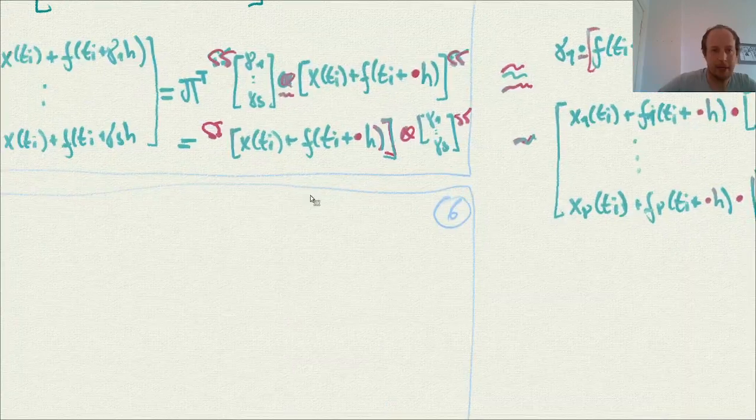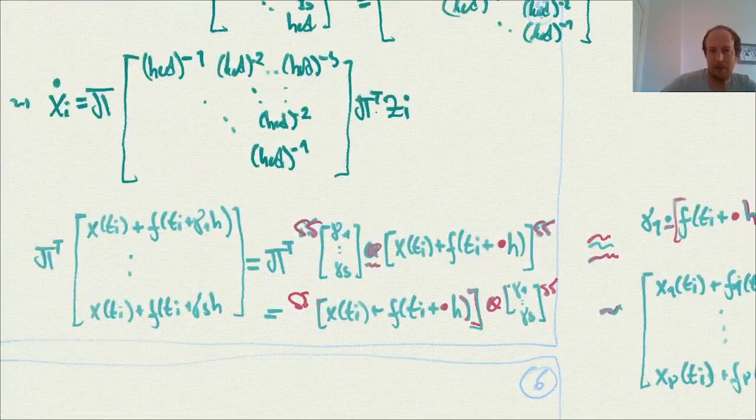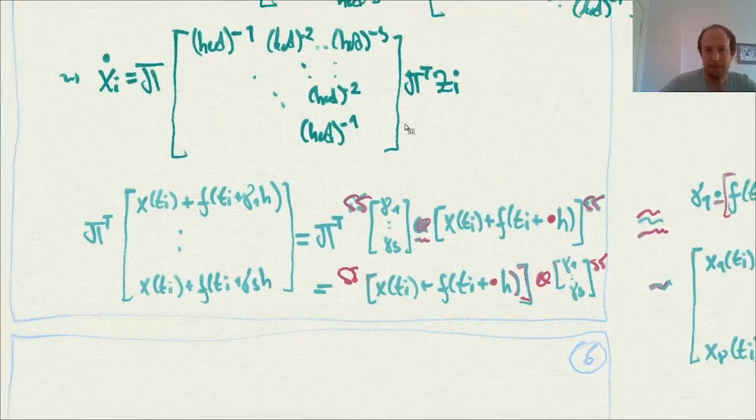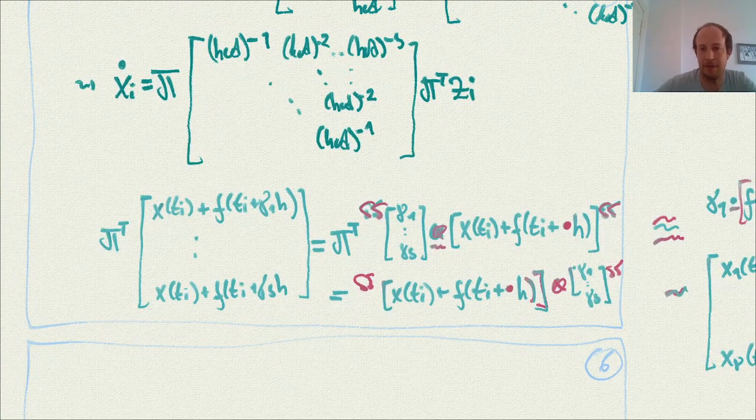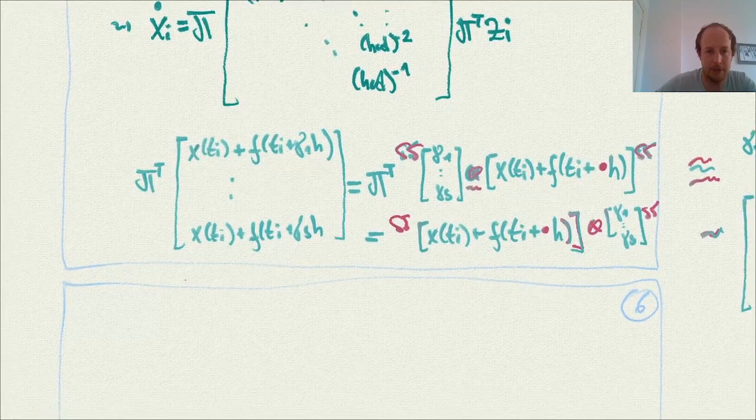This is how this permutation changes this vector accordingly. And why is this interesting for us?